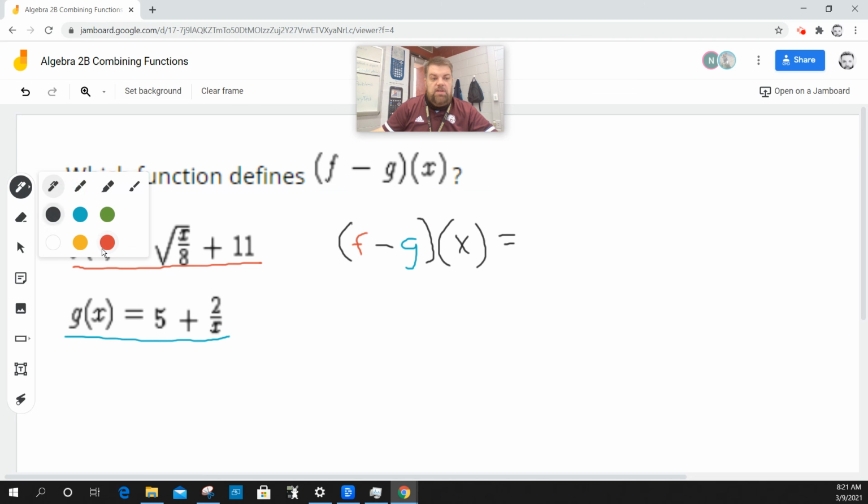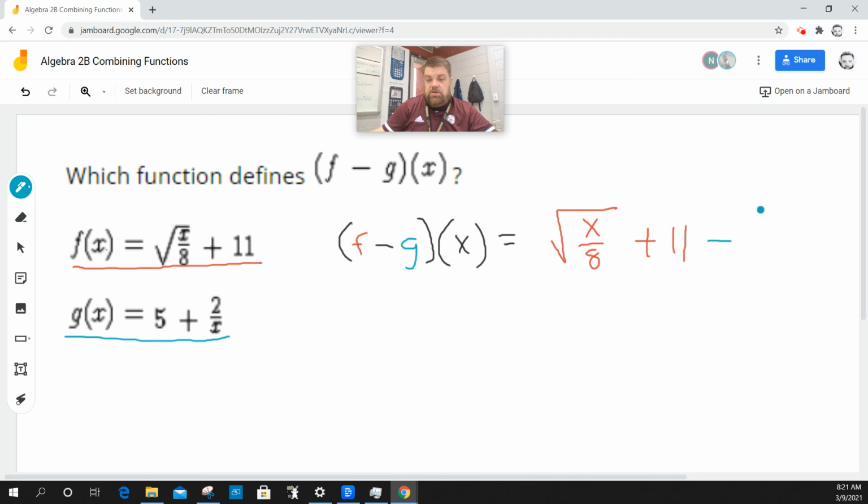what I'm literally going to put down is f, which is the square root of x minus 8 plus 11, and then I'm going to subtract the entirety of g. So I'm going to put g in parentheses, 5 plus 2 over x.